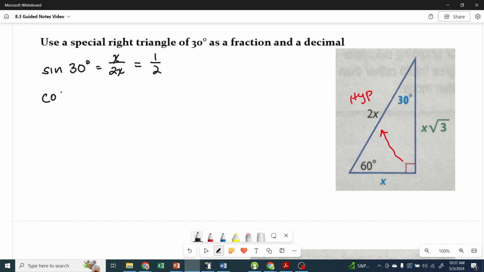The cosine of 30 is equal to x square root of 3 over 2x. So that's going to equal the square root of 3 over 2.